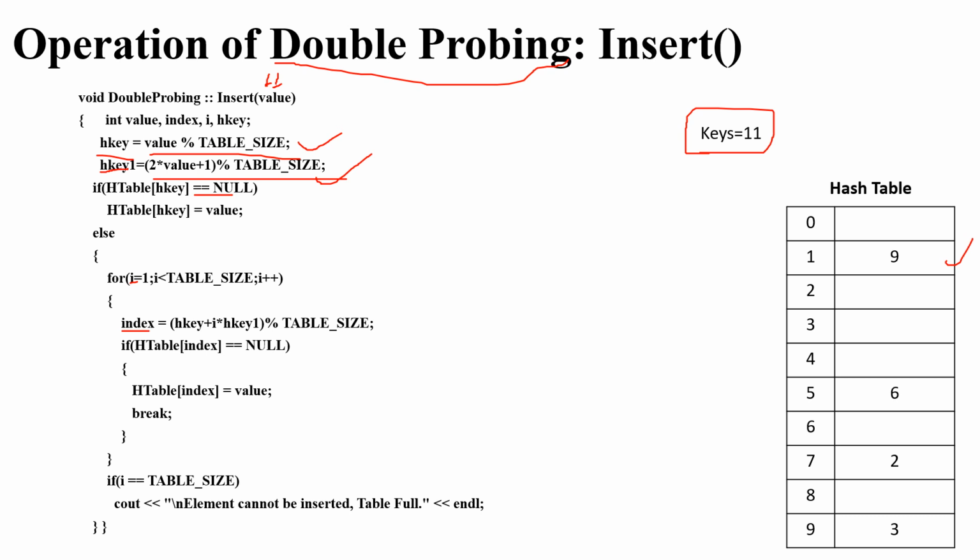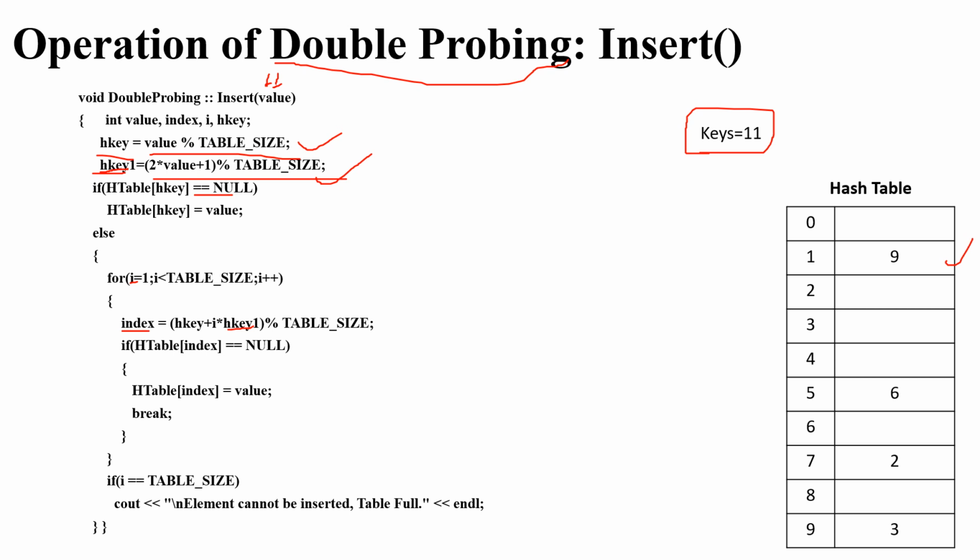Index will be H(key), the first hash function index value 1, plus the I value, also 1, into the second hash function, whatever value you calculated using the second hash function. For 11 using the second hash function, 2 into 11 is 22, plus 1 is 23, modulus 10. If you do that, you get 3.